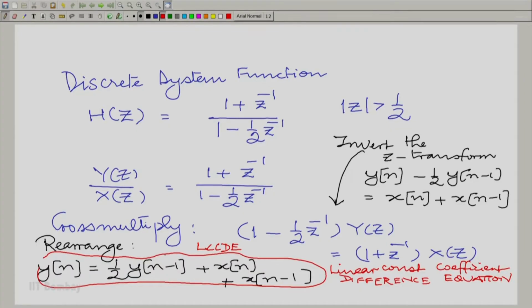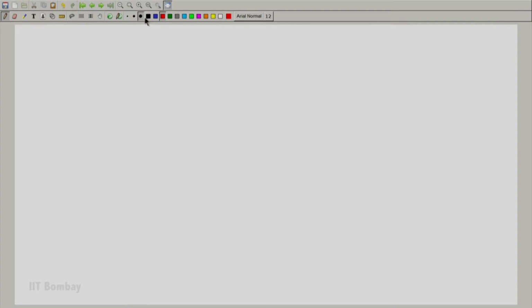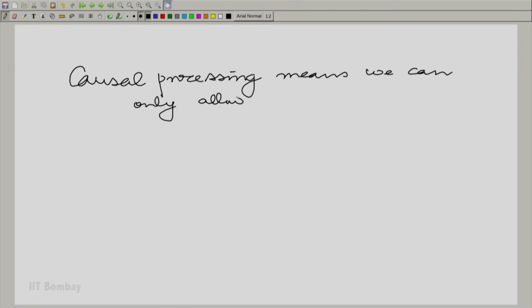So, go back here. This difference essentially means shifted input and output. So, you have the input and its once and more delayed versions, the output and its once or more delayed versions. Now, we are only taking delayed versions of the input and the output, and there is a good reason. If we want causal processing, we can only allow delays and not advances.